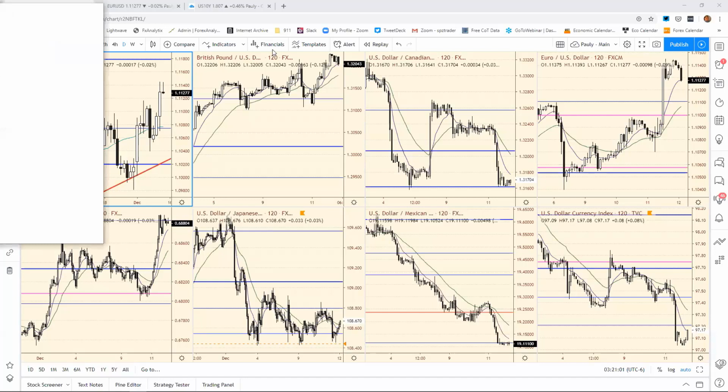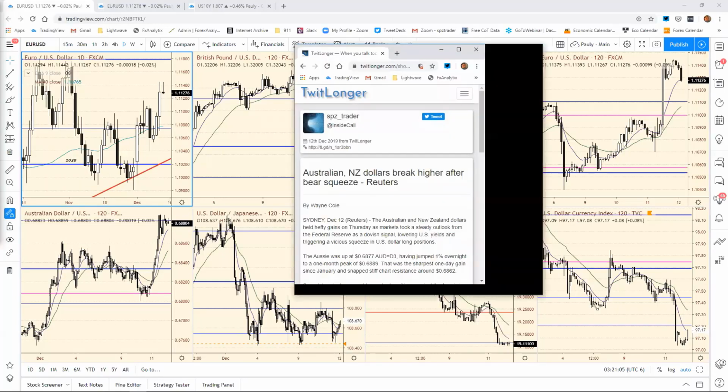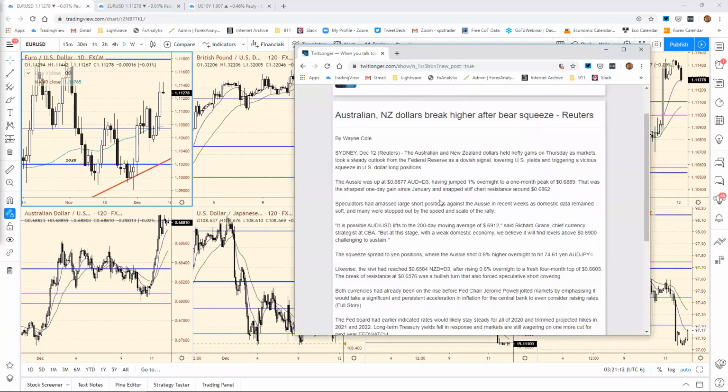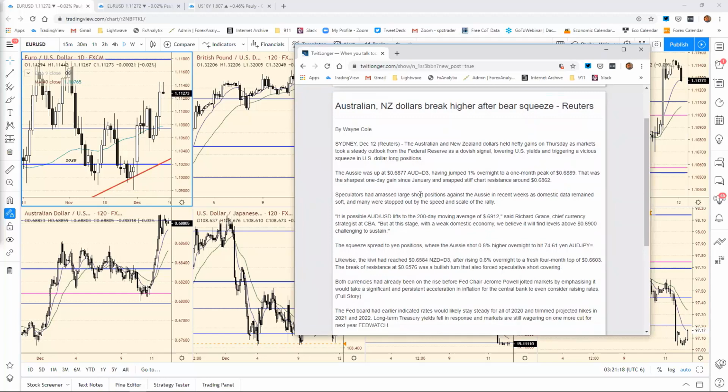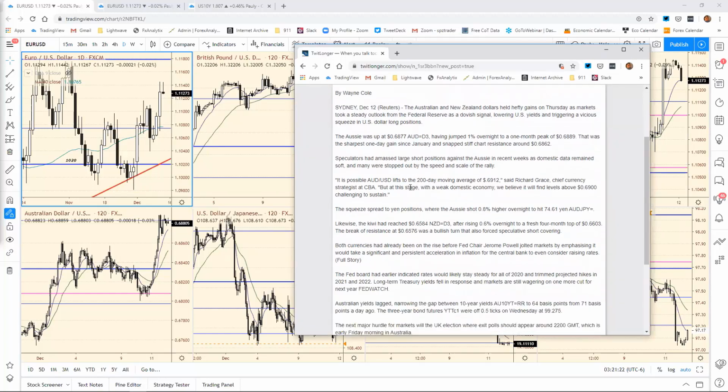Let's just pull in some news. The Australian and New Zealand dollars break higher after a bear squeeze. The Australian and New Zealand dollars held hefty gains on Thursday as markets took a steady outlook from the Federal Reserve as a dovish signal, lowering U.S. yields and triggering a vicious squeeze in U.S. dollar long positions.